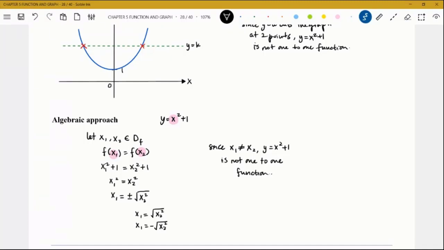So yang paling penting adalah pada bahagian ini. Ini paling penting, which is we substitute the x1 and x2 into the function, and then kita solve to make x1 a single subject. So kalau kita nampak kat sini, dia adalah plus minus. So we come up with two values, positive and negative. So literally we end up with x1 not equal to x2.